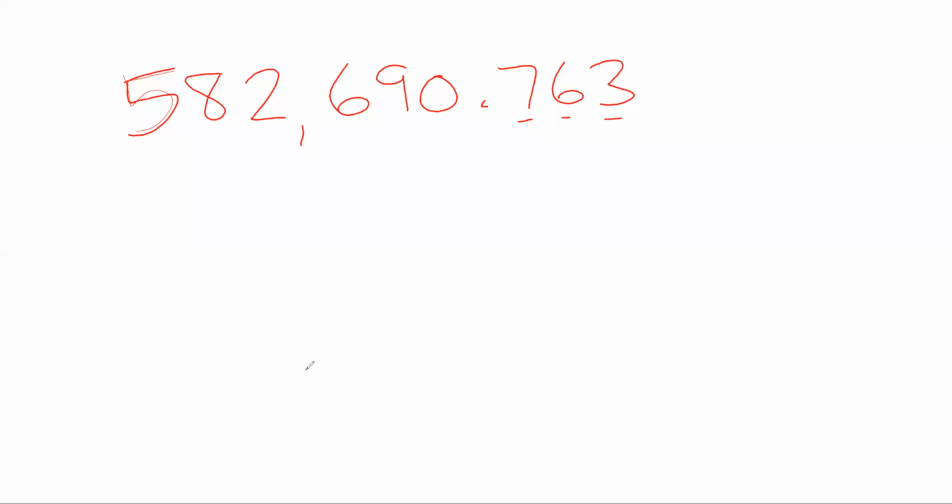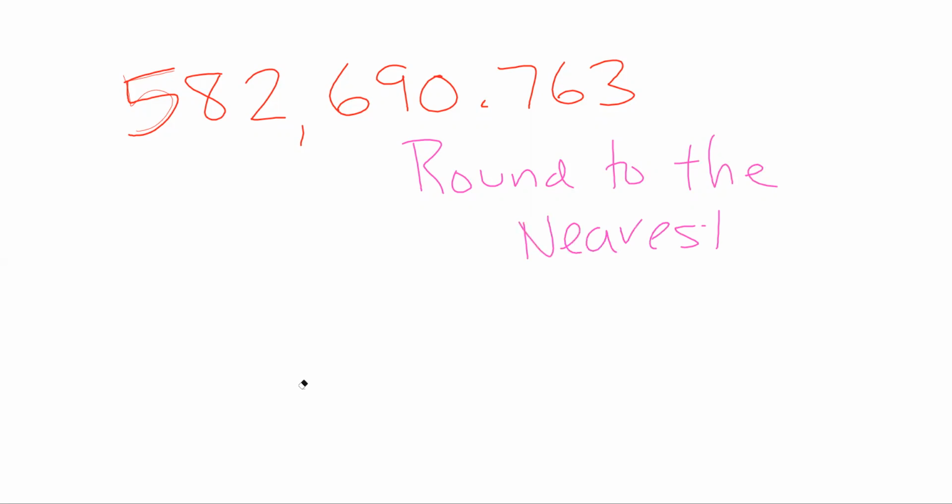So let's just put this in. That's just the next place value. So 582,690 and 763 thousandths is my number. All right, and the direction says, round to the nearest 10,000.